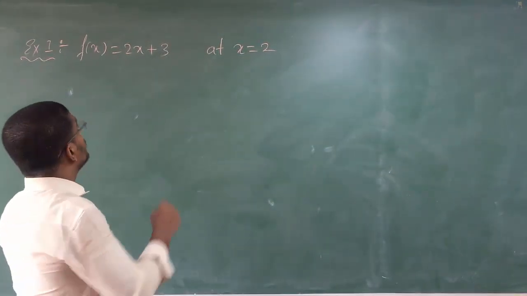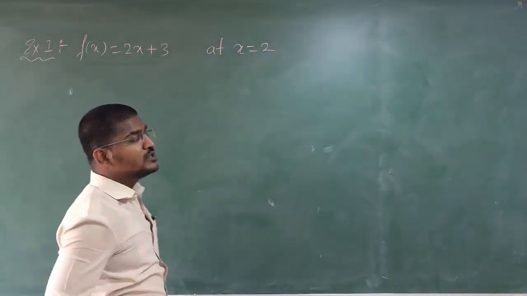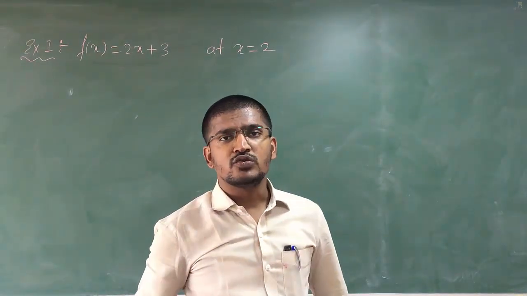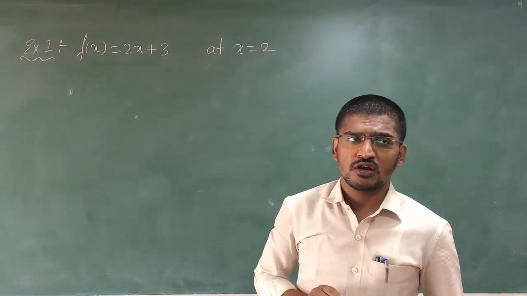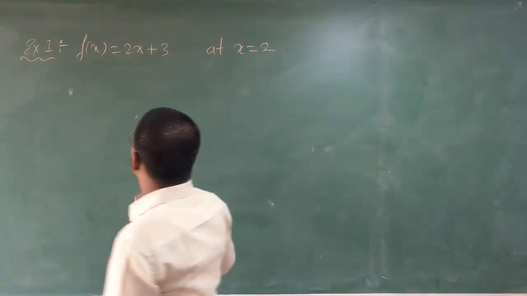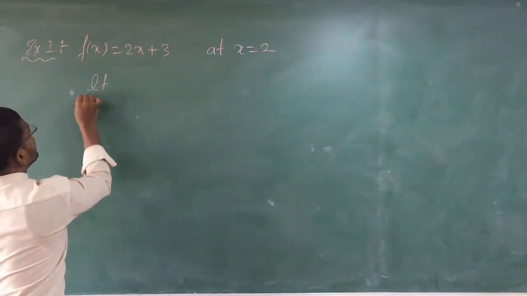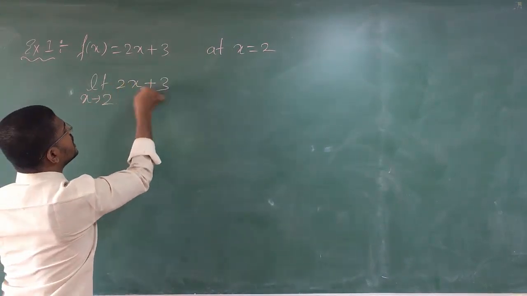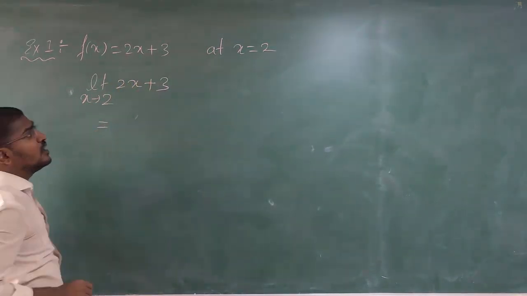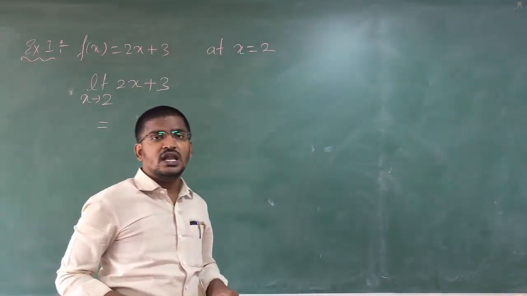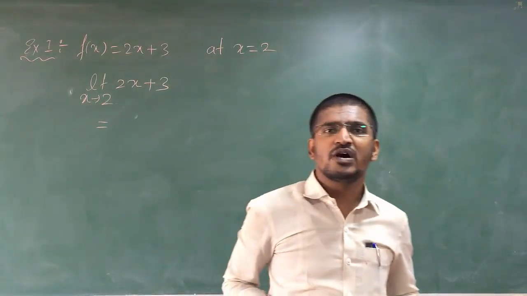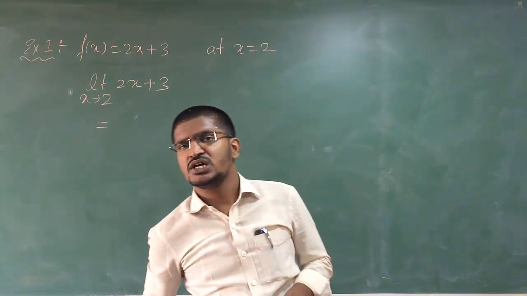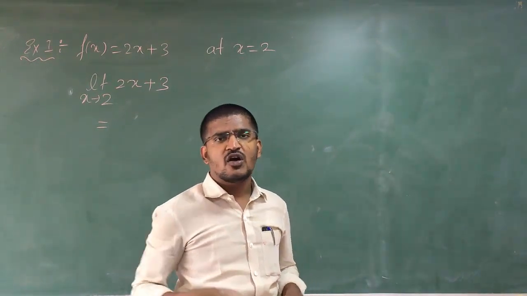We have to check whether f of x equal to 2x plus 3 is continuous at x equal to 2 or not. For that, let us calculate the limit as x tends to 2 of 2x plus 3. Here this is a polynomial function and not a special type of function like greatest integer, least integer, modulus, signum or anything of that kind.